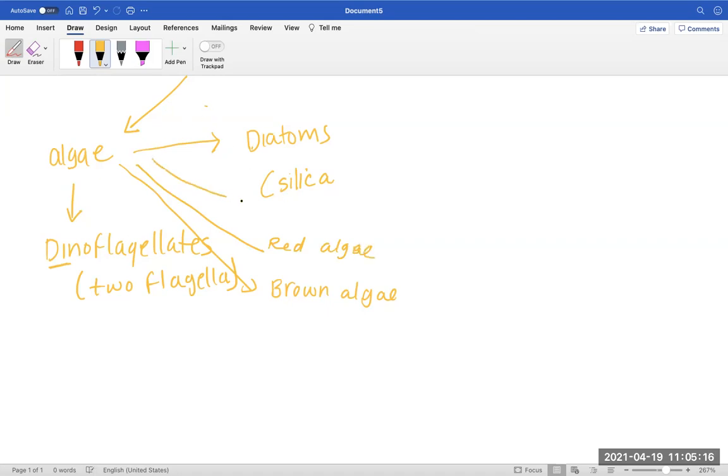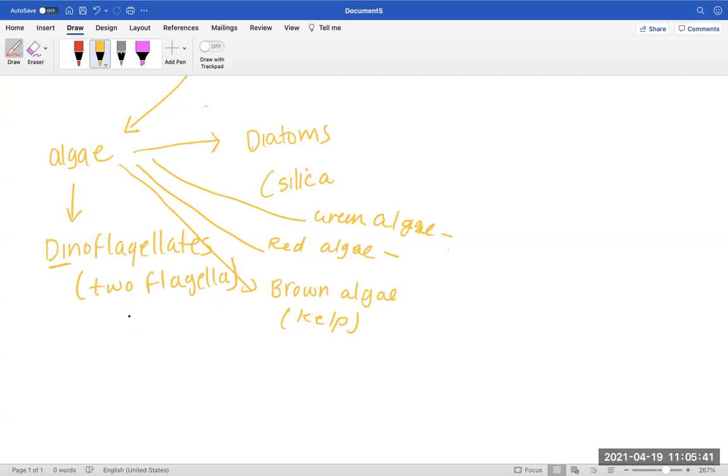And green algae. Brown algae includes organisms like seaweed, kelp. Red algae look red because they can absorb red wavelength. And then the green algae are the ancestors of the land plants.